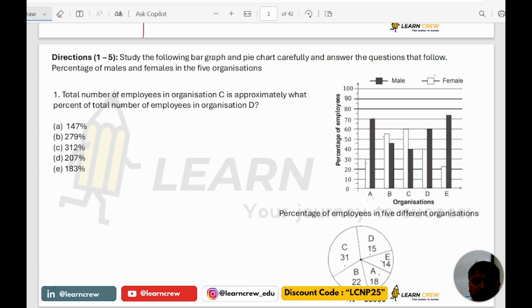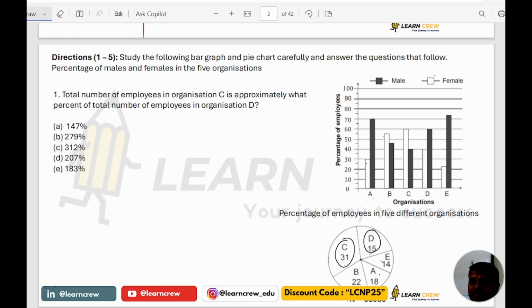Now see the first question here. What is given? Total number of employees of organization C is approximately what percentage of the total number of employees of organization D? Organization C is 31%.